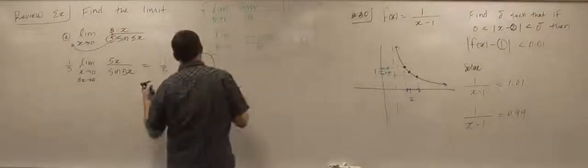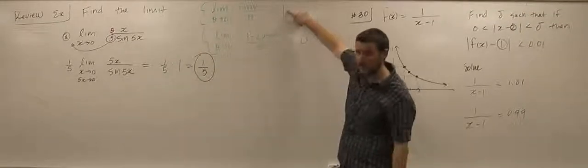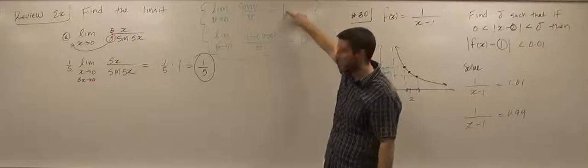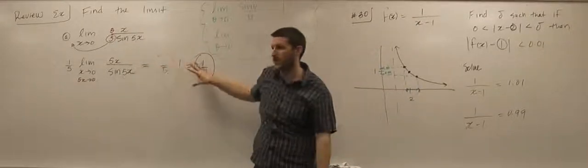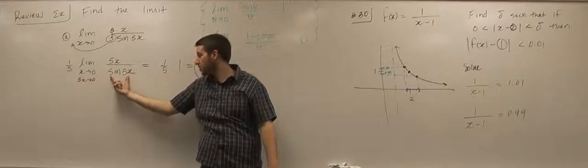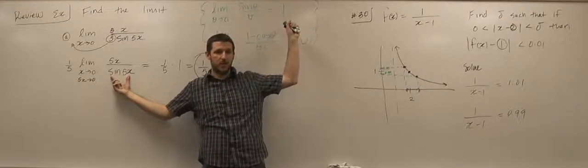This is not true, but say this were 2. Say I said we had a formula that said this limit was 2. Then what would that change in my work over here? Then when you do this limit, you have to flip 2 instead of flipping 1.